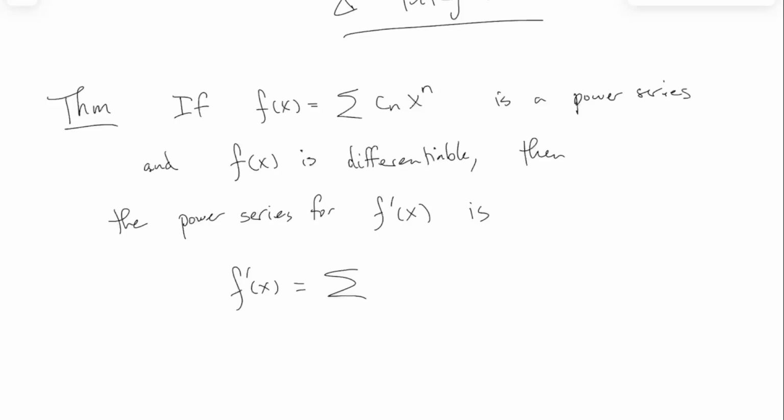The constant Cn just stays like it is because it's a constant. And then x to the n, I take the derivative, it becomes n x to the n minus 1. All right? And this is referred to as term by term differentiation because we took the derivative of each term in the series. Term by term differentiation. All right?